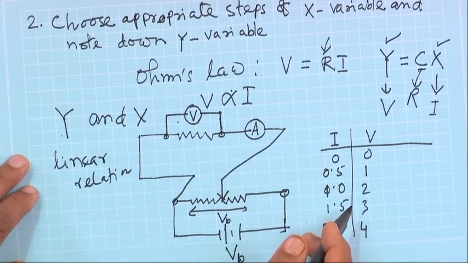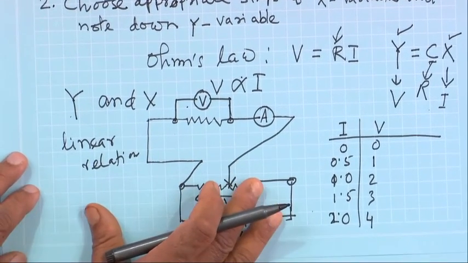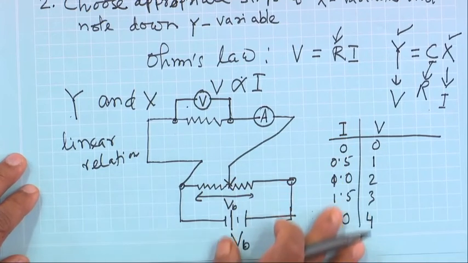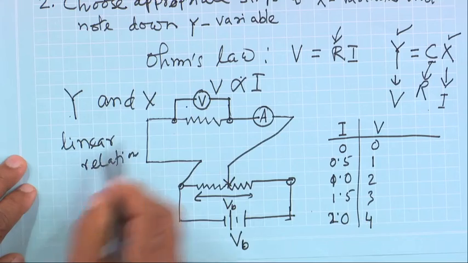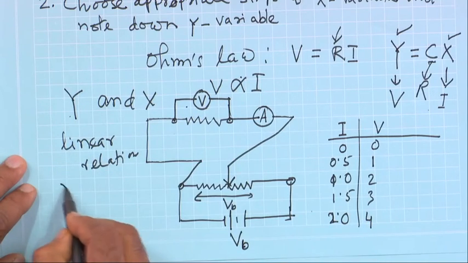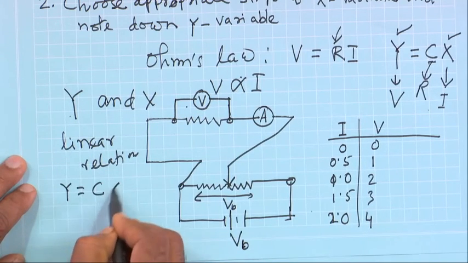In case of a nonlinear relation, this is not a good way to choose the step. Here in this case, a linear relation means y equal to C x.